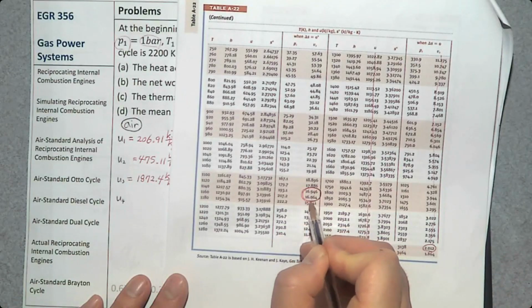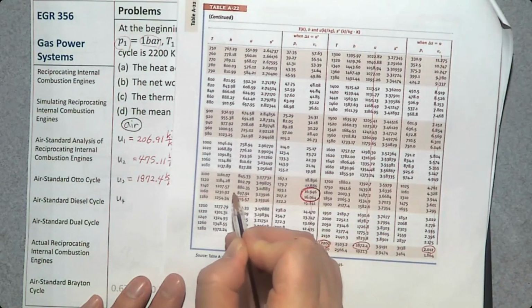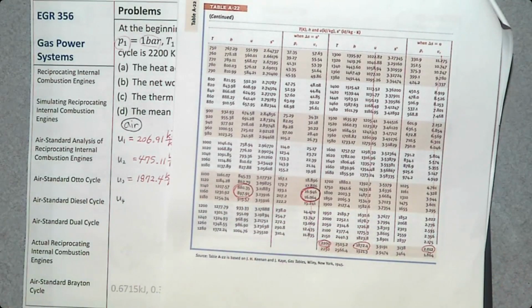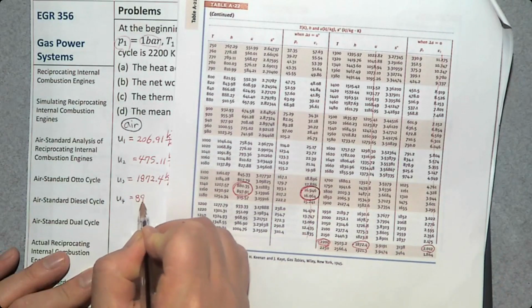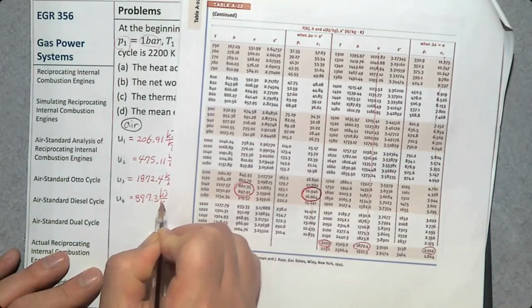So we can do linear interpolation to determine U, which is between these two numbers. So if you do a linear interpolation, you can find U4, which is 897.3 kilojoule per kilogram.